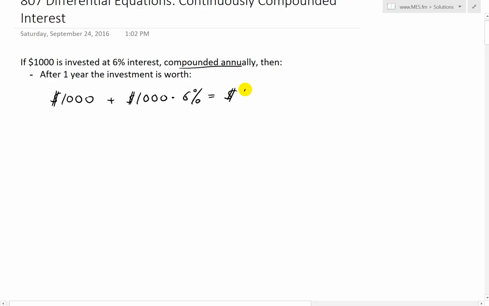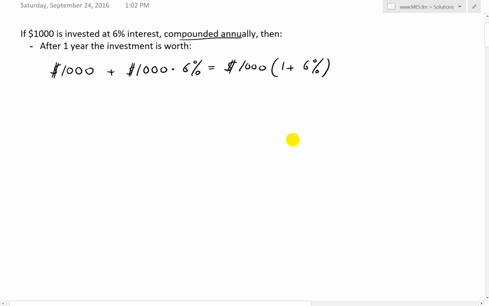I'm just going in extreme detail. So now we have 1 plus 6%, and 6% by definition, percentage is just a ratio of 100. So this is the same thing as writing 1 plus 6 over 100. That's just what 6% means. And then this 6 over 100, that's just 0.06.